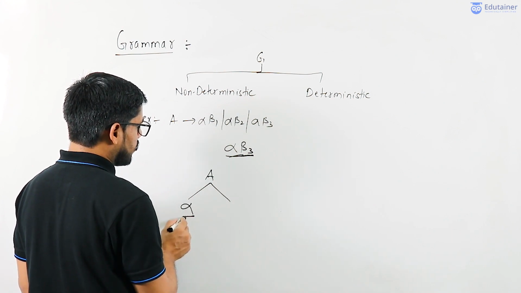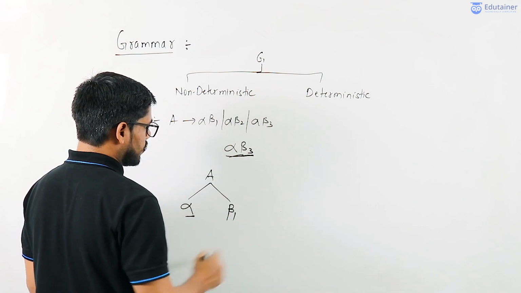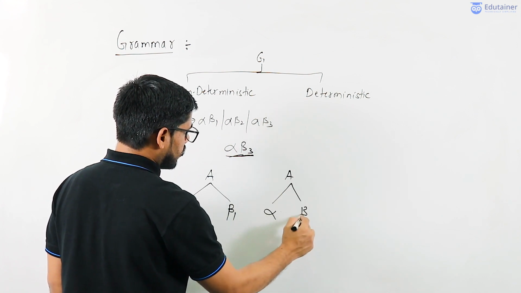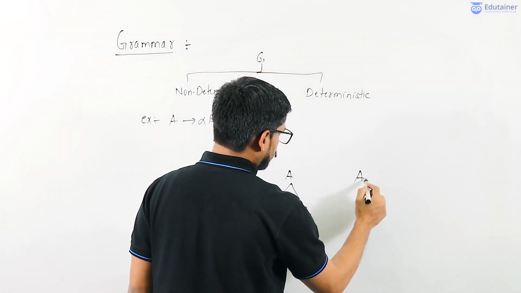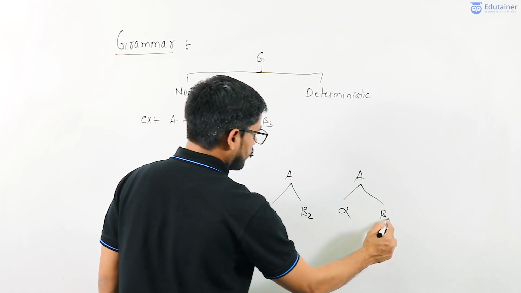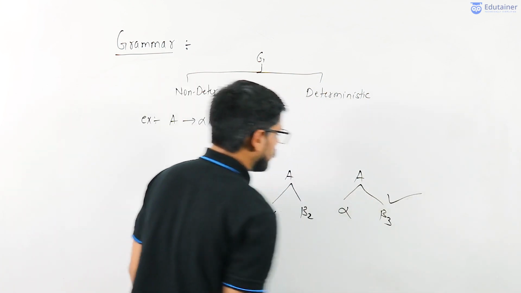If I see alpha, then I can use alpha beta 1, or alpha beta 2, or after alpha I can use beta 3. And which one is correct? The last one is correct.